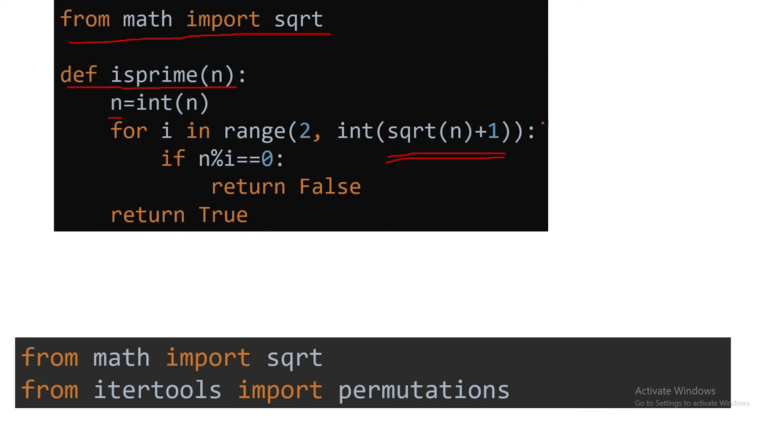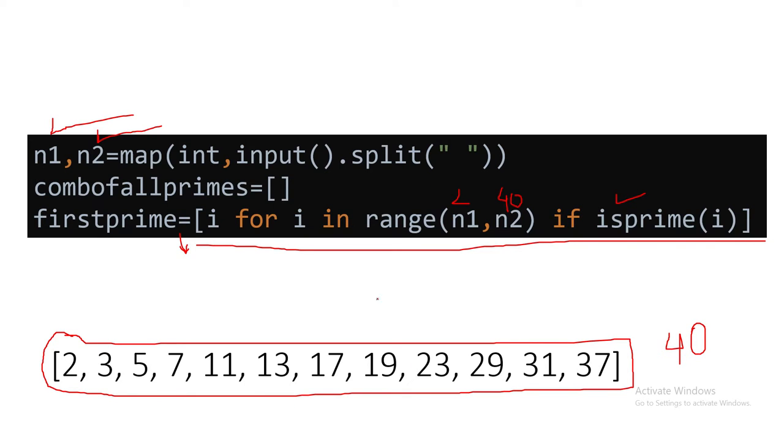This is the fastest, best way to calculate whether a number is prime or not, so you can use this utility function. If you haven't understood yet, just see it carefully. Now we have the first prime list: 2 3 5 7 11.